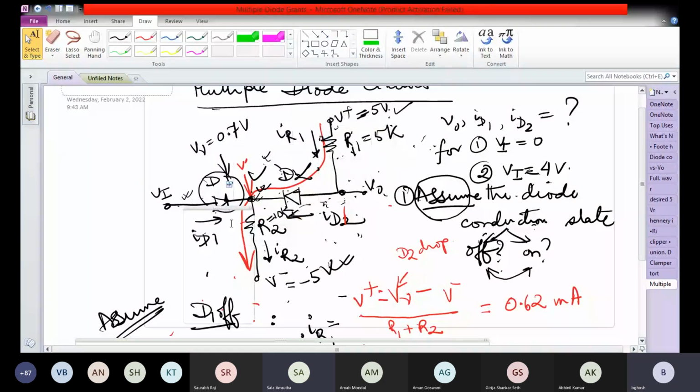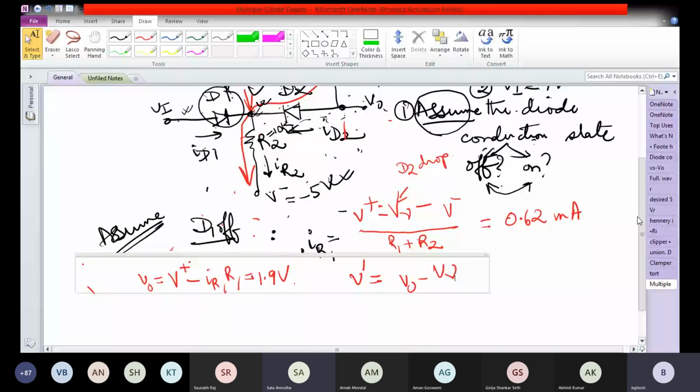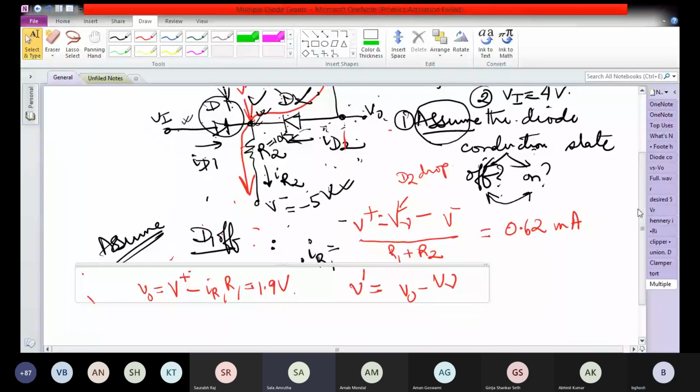So in all probability diode D2 is on. Therefore V dashed is V0 minus V gamma, and if you plug in the values of V0 and V gamma, it will turn out to be 1.2 volt.